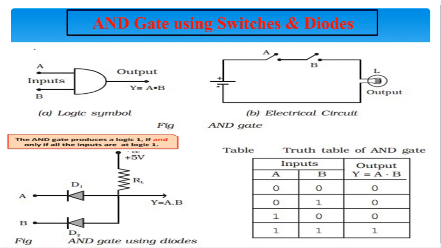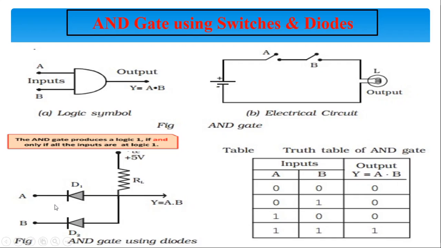In terms of binary, when A is equal to 0 and B is equal to 0, then output Y is equal to 0. That is shown in the table.